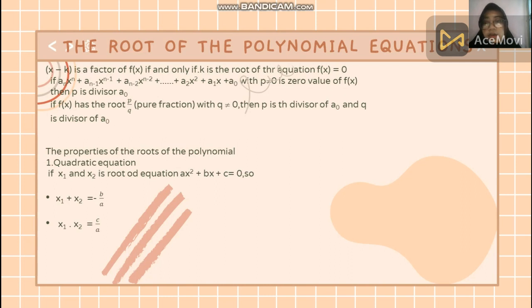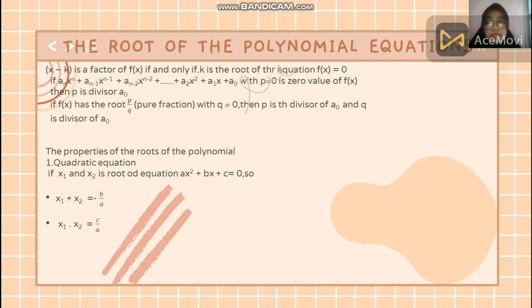If a_n x to the power n plus a_(n-1) x to the power n minus 1 plus a_(n-2) x to the power n minus 2 plus and so on, plus a_2 x to the power 2 plus a_1 x plus a_0, with a_n not equal to 0, has an integer root p, then p is a divisor of a_0.